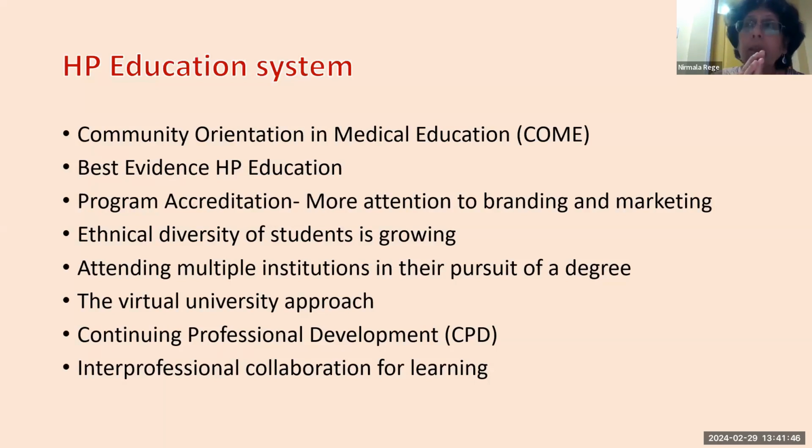And maybe multiple institutions may be coming together, and the student may be attending not only just one institution. There is a trend now which is coming up. The students can do two courses simultaneously, and while doing, suppose, health professions education, they can also pursue LLB or the legal degree. Previously, that was not possible, but it is not the trend in all the countries, though it is also emerging to some extent.